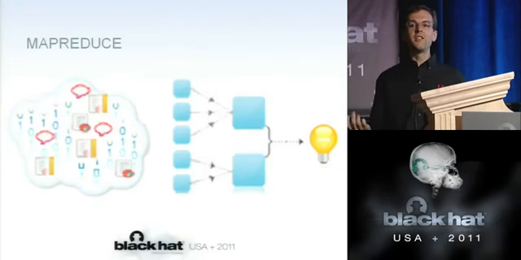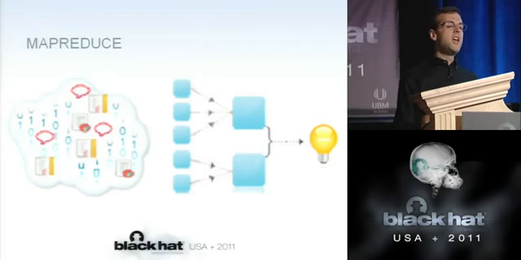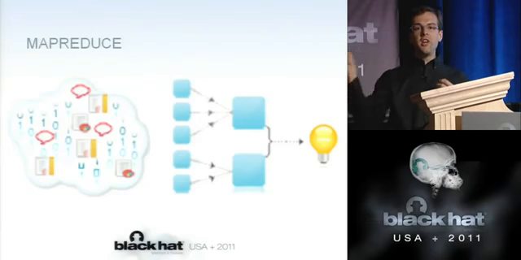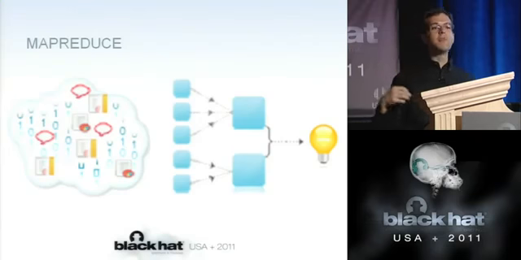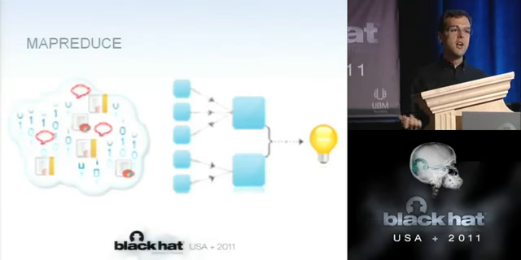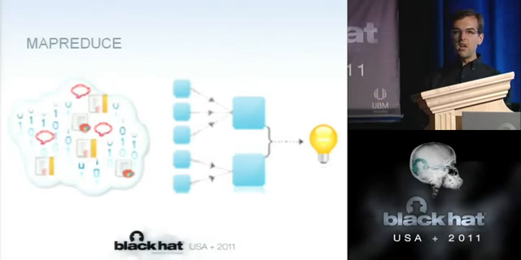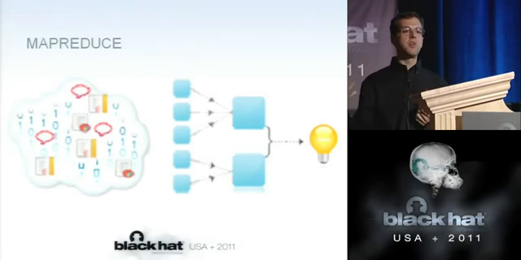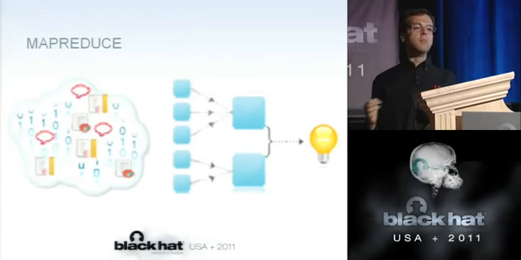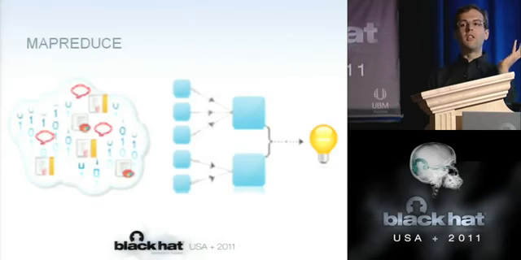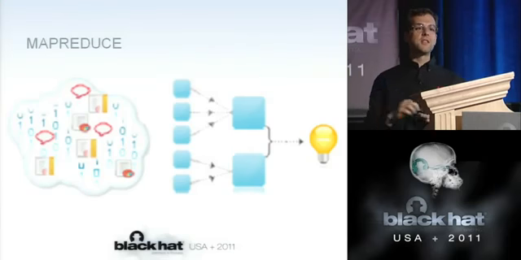The canonical example of MapReduce is, hey, we have a book and we want a word count for each of the individual words within that book. So how many times does the word "the" appear? How many times does the word "browser" appear? Whatever. And if you were to go through that straight in a single process, it could take you a while. But a better way to do that is to parallelize it across as many machines as you have access to.